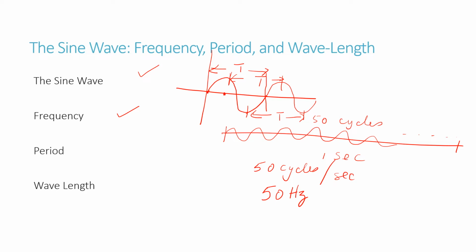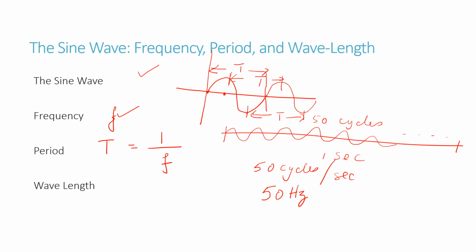So a period is given with the letter T. By the way, frequency is given the letter F. Now, there's a connection between the period and the frequency. The period is simply 1 divided by the frequency.